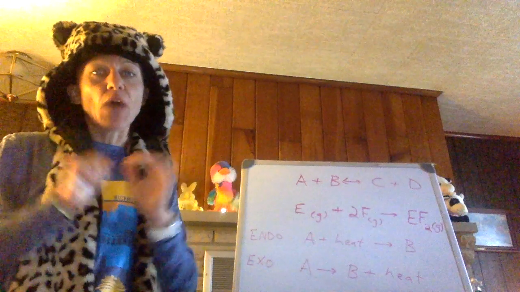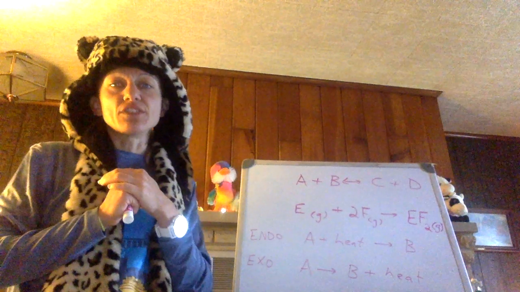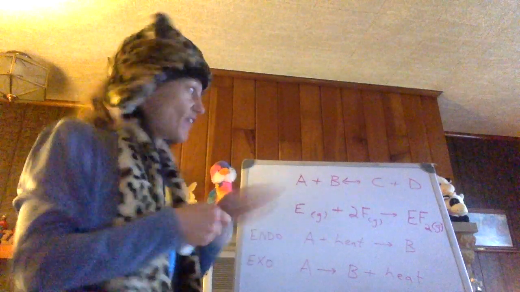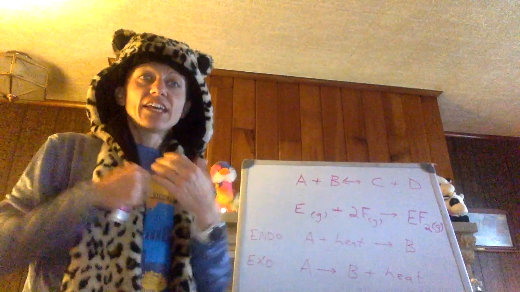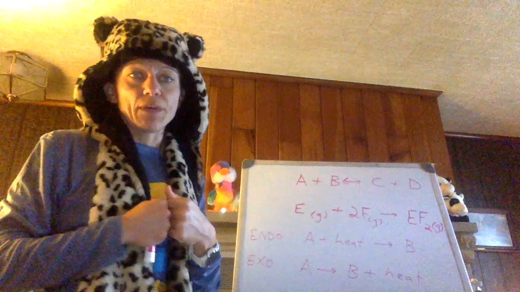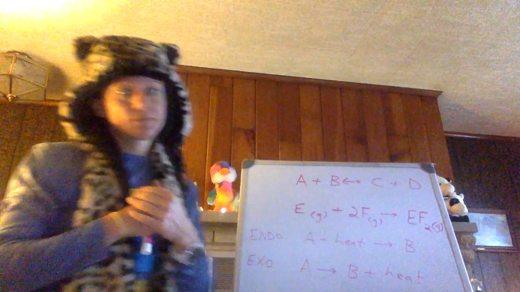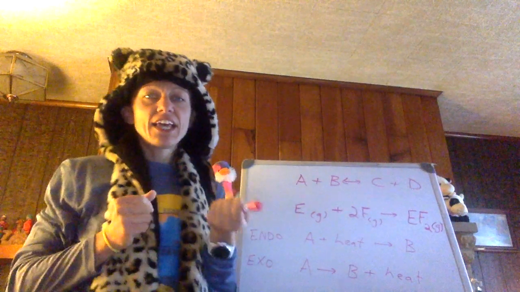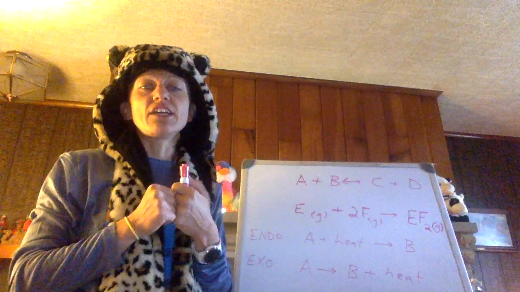It pushes away. So if I add a substance, then it needs to be removed. So if I add A, we go that way. But if I were to take away A or B, more would be made, and the reaction would proceed that way.